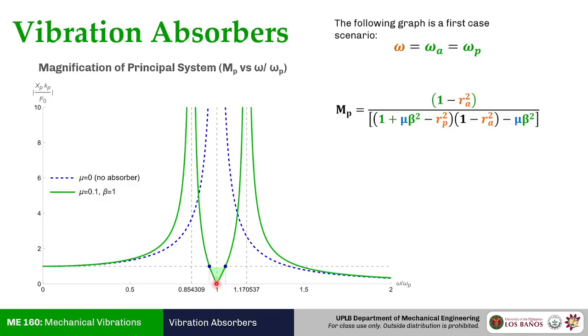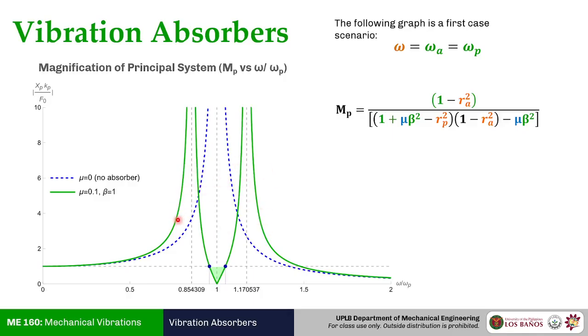And another thing that you have to note for the vibration absorption protected system: this peak indicates our primary system's natural frequency. When we introduced the vibration absorber, we didn't eliminate the peak, rather we split it in two.